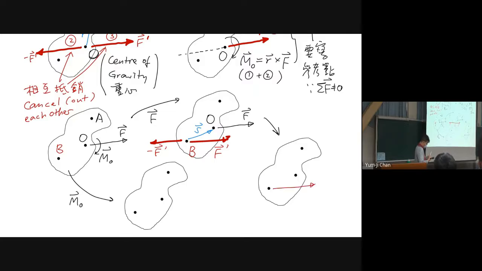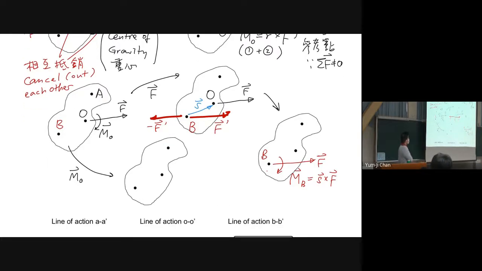From point B we have F, and then we have MB equals S cross F, right? This is one part.